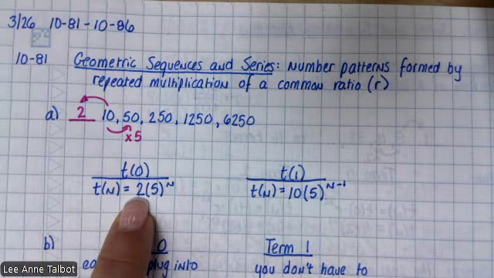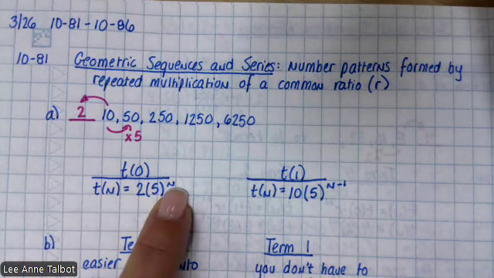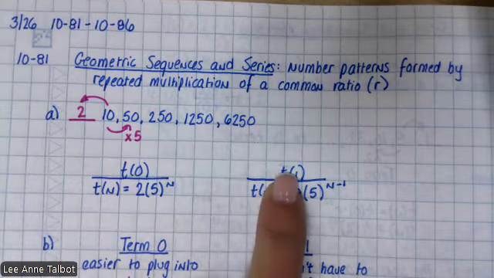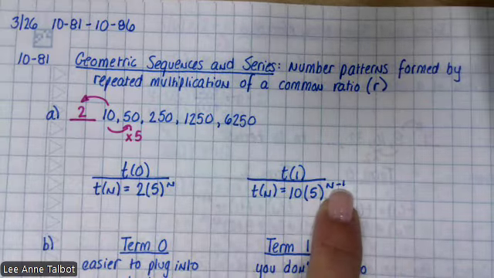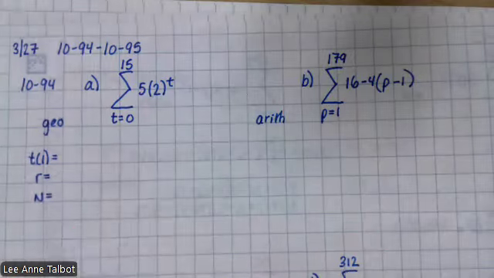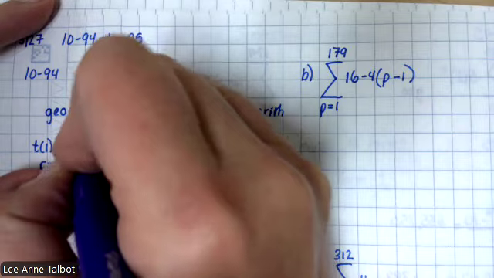So thinking about the equations, if it's written in terms of term 0, you have a plain letter here. The number in front's term 0. If it's written in term 1, it's n minus 1 in the exponent, and the number in front is term 1. Okay, so how do I get term 1?